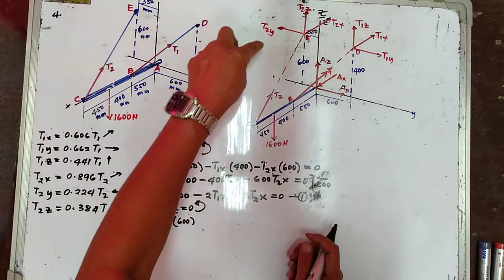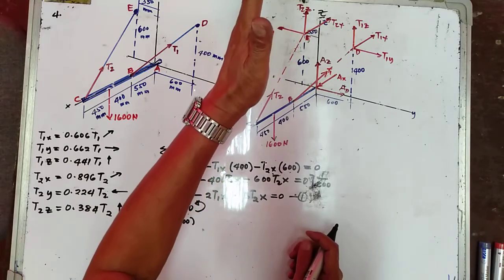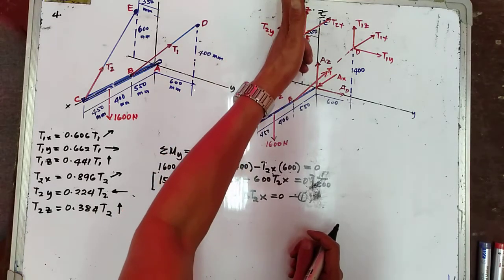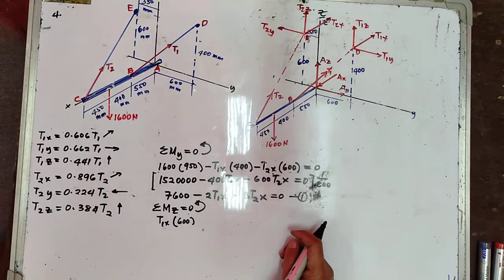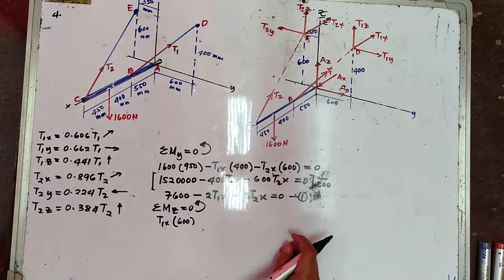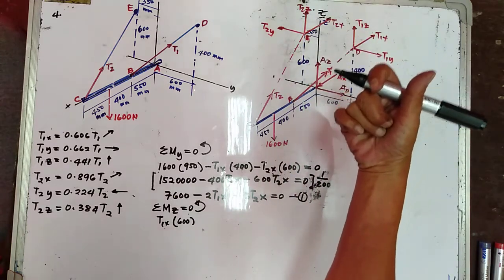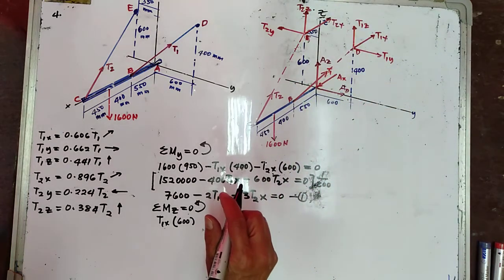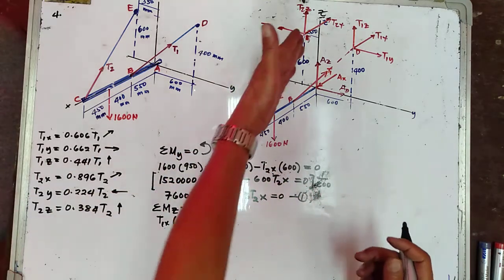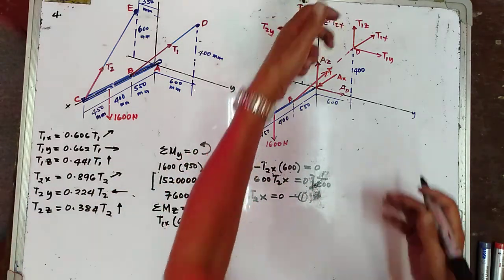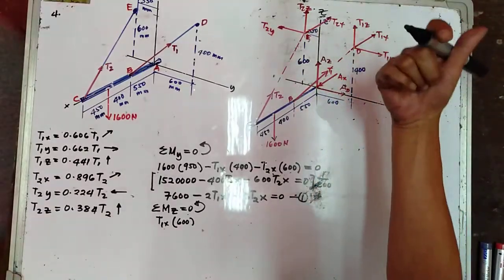Again, T2Y intersects the z-axis. T2Z is parallel to the z-axis. So it is your T2X, and that is going clockwise about the z-axis.